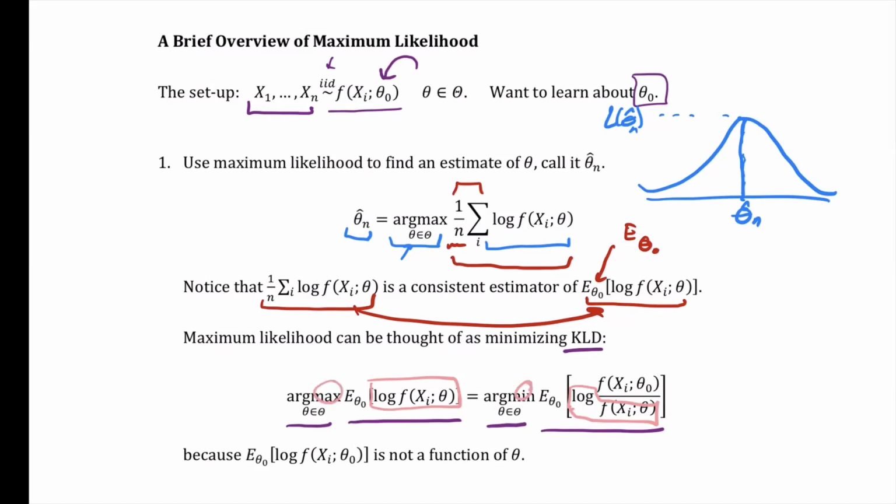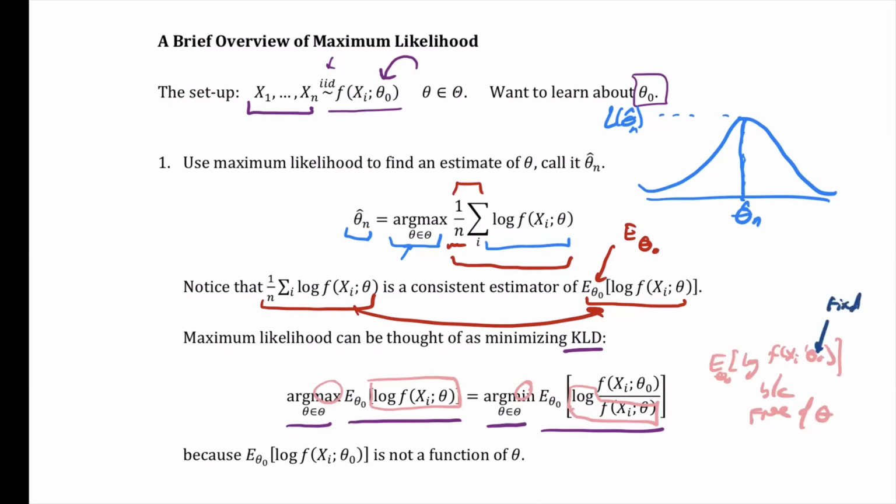And then, of course, I added something here. I've added the expected value under theta naught of log f of x given theta. And I can add this because it's free of theta. It has theta naught in it, but this is fixed.